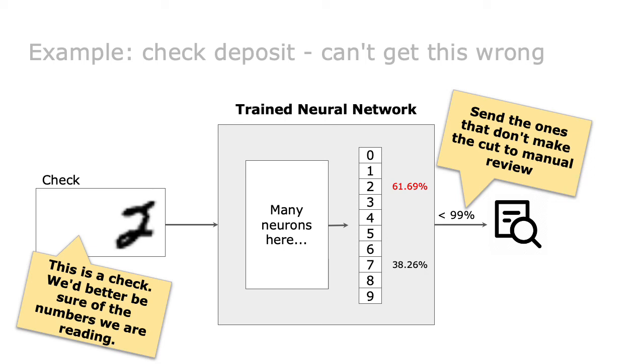In this case, we want the model to be very certain about the number. We don't want to make a mistake here. So we pick a very high threshold. We're going to say we want to be at least 99% certain of that prediction. So that number 2 that in the previous example we said, yeah, it's a number 2, with our higher threshold we can no longer predict it's a number 2. We have to send that check for manual review, for example.